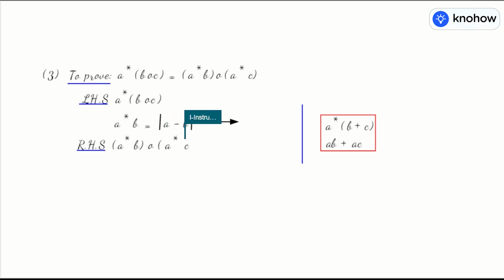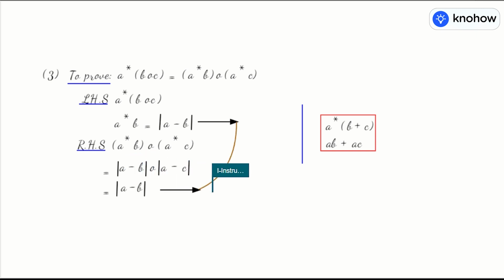Now A star B is modulus of A minus B, and A star C is modulus of A minus C. Now the operation O between these two elements means the first element. What is the first element? Modulus of A minus B. So what do you find from these two? That in either case you get modulus of A minus B, and hence we can say the star operation distributes over the operation O. So this is the third part.